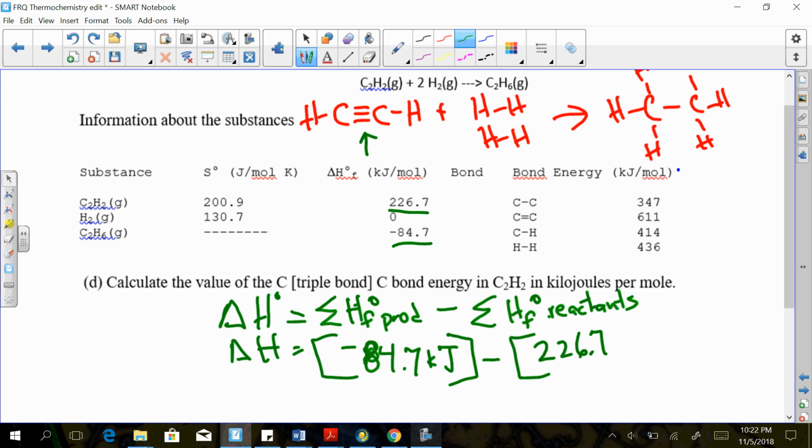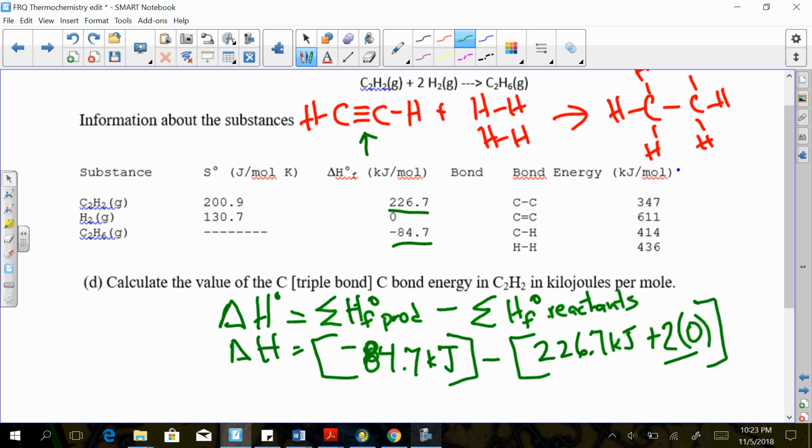Now I have it multiplied by the coefficient of 1, so understood 1, and then I'm going to add to it the heat of formation of hydrogen. Now hydrogen is an element, and the heat of formation of any element is 0. And so if I had a value there, I would multiply it by 2 because of the coefficient, but the value that I would multiply 2 by is 0. So in other words, I don't really need this. This kind of goes away.